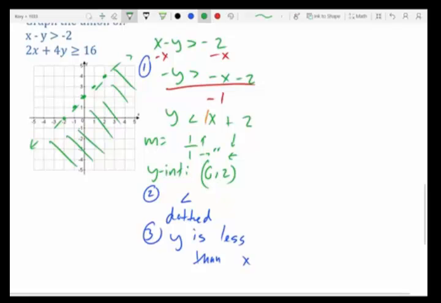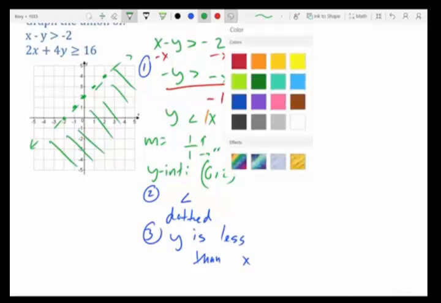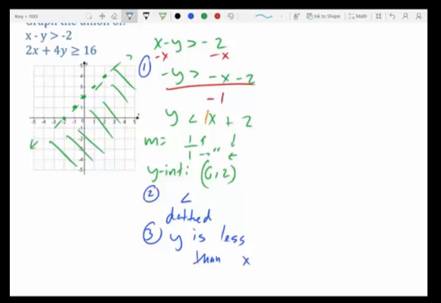Now we need to do this again for our second line. We'll make this one this nice blue. So our second line, we have 2x plus 4y is greater than or equal to 16. So we need to get y by itself by subtracting 2x.